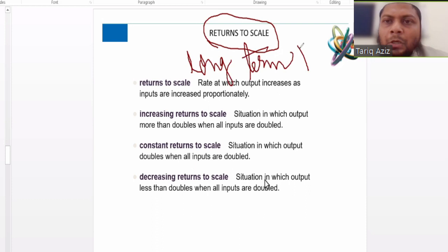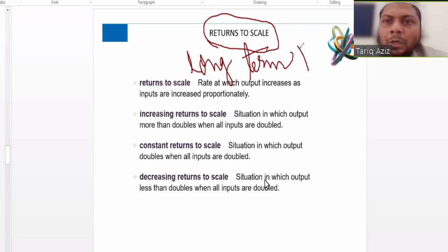This was the total product curve, which initially rises, then becomes constant, then starts decreasing. We studied the same phenomenon in terms of costs, and we saw that the cost curves are U-shaped like this, which is the inverse of the product curves.